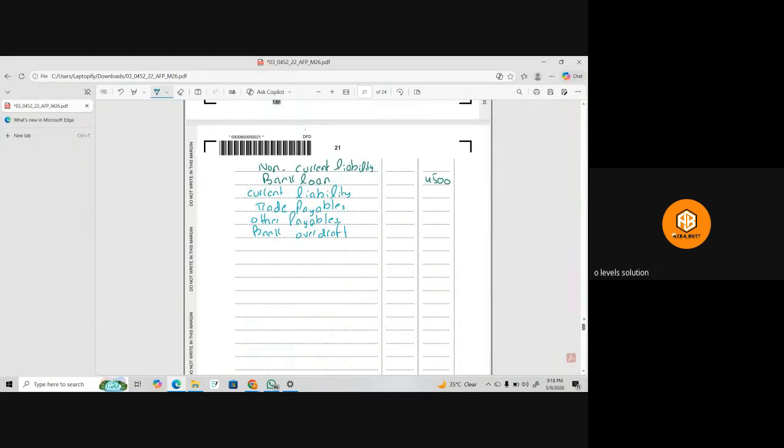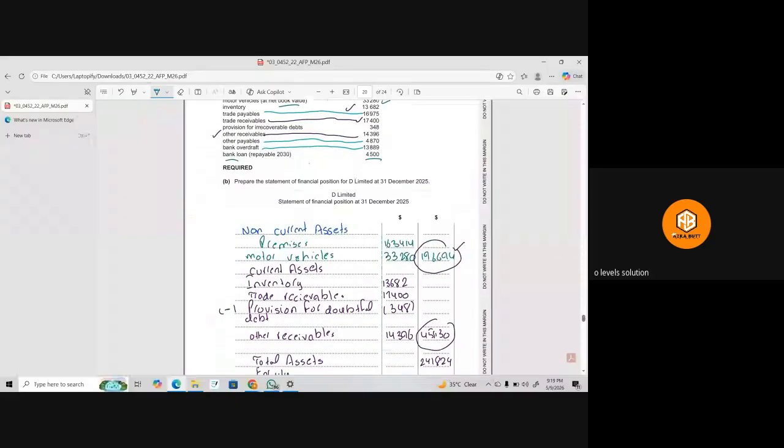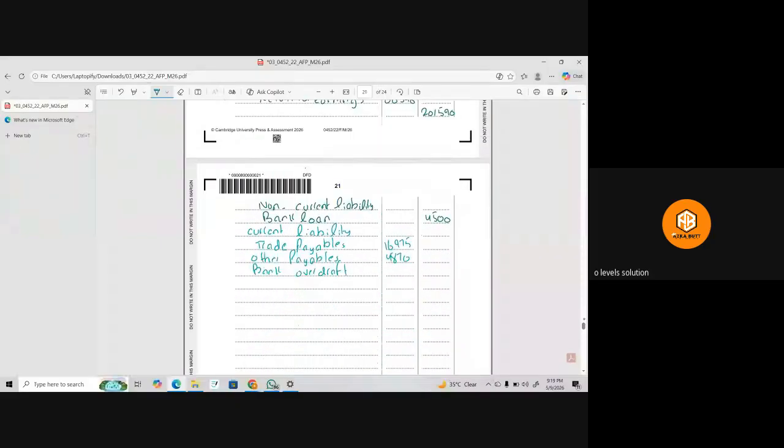So trade payables is 13,889. Let me add these three: 16,975 plus 4,870 plus 13,889, which is equal to 35,734.